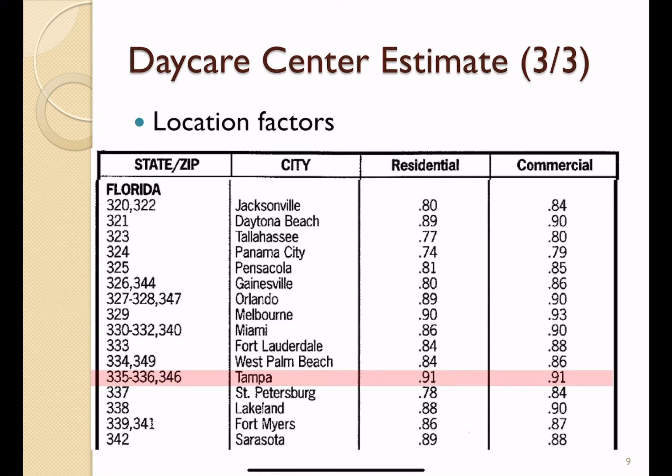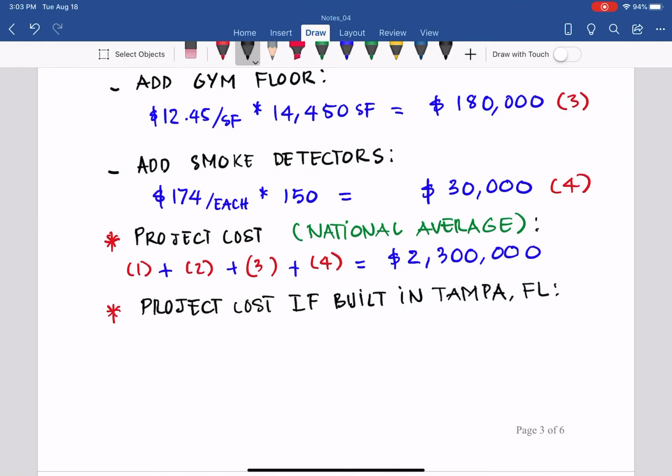National average is 1, Tampa 0.91 means about 9% cheaper than the national average. So we get the final answer: the national average needed to build this daycare center, 2,300,000, times 0.91, the location factor for Tampa.